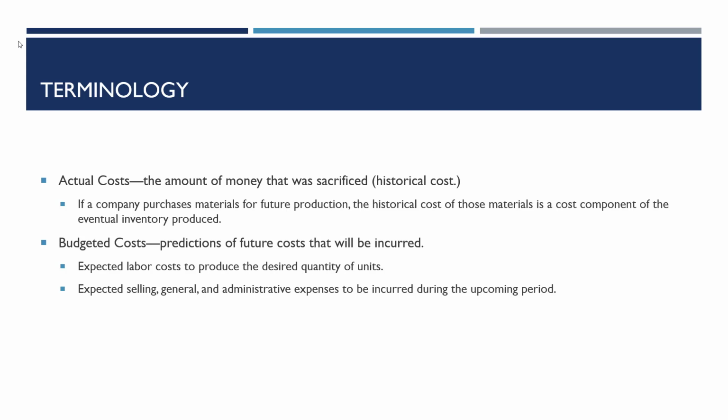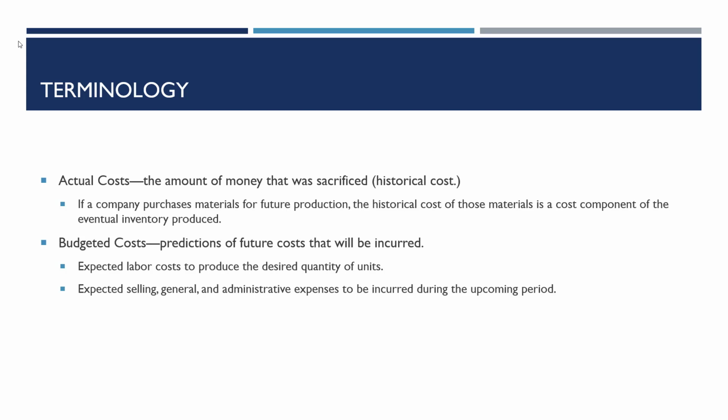Before these costs are actually incurred, it would behoove the company to make a pretty accurate prediction of what things are going to cost, which is why before a period even begins, companies outline their expectations in budgets. So a budgeted cost is a prediction of what those actual future costs are going to be. It is the estimated amount of labor costs you're going to incur in the upcoming period to produce a necessary amount of units.